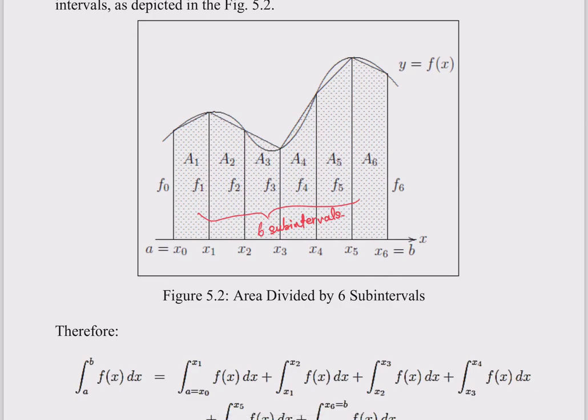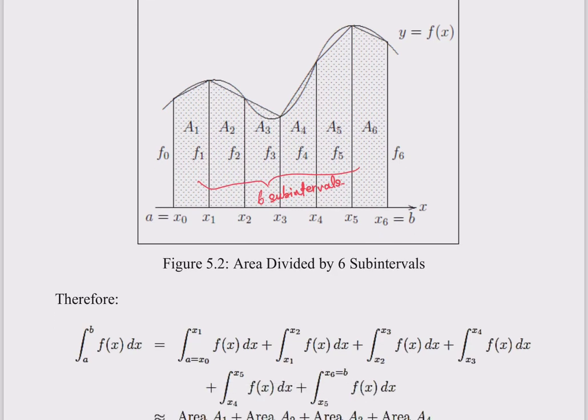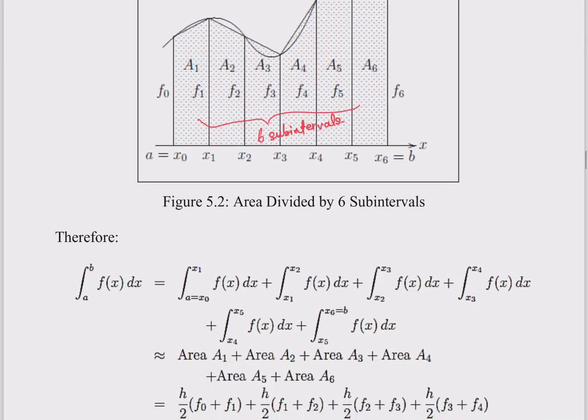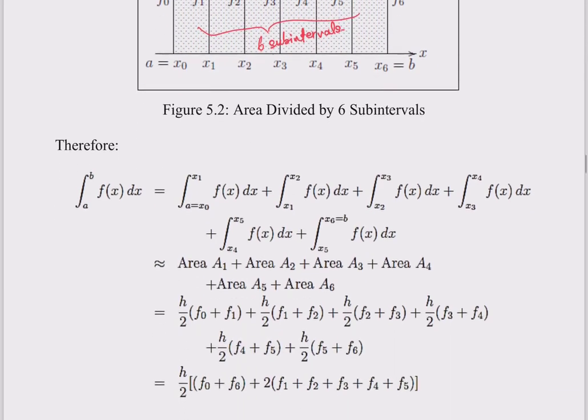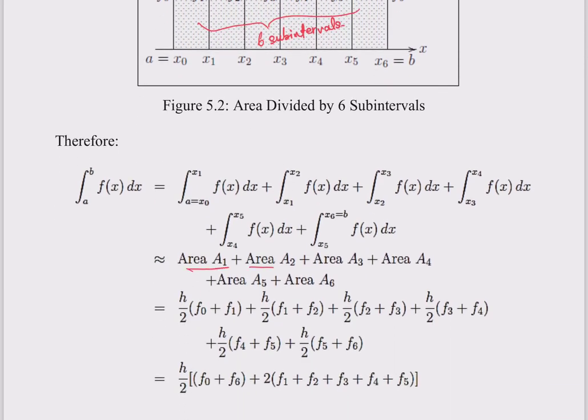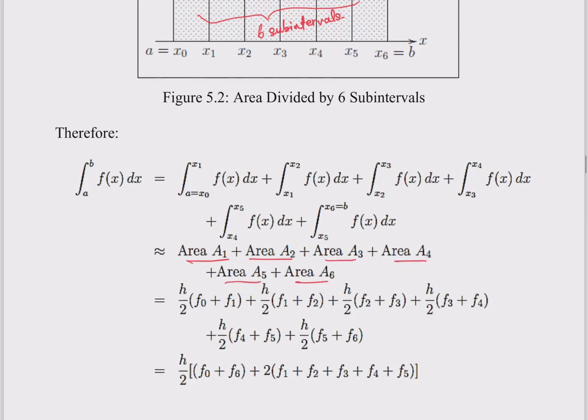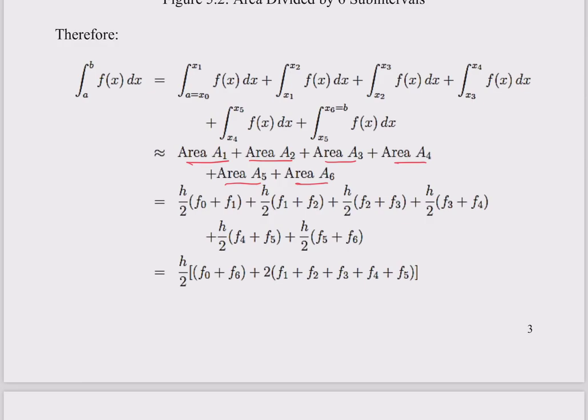We just use the formula that we just derived, and you can get area A1 plus area A2 plus A3, A4, A5 and A6, and then you just substitute.